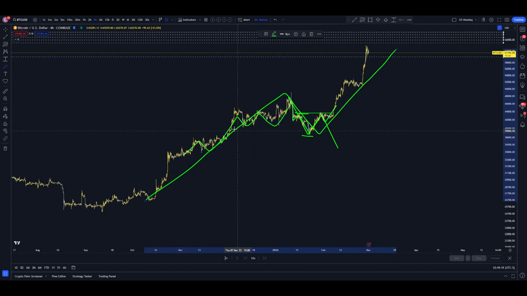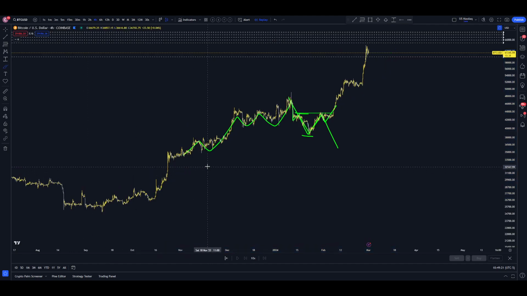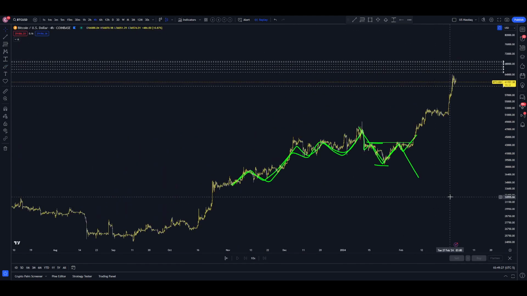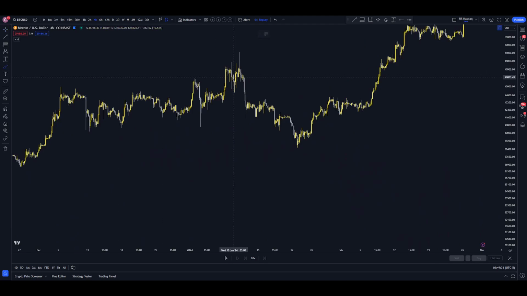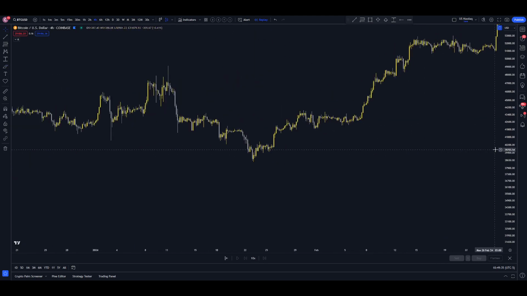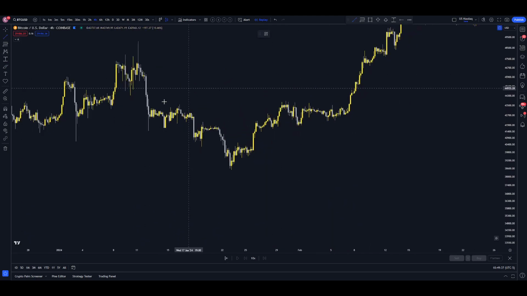Bigger picture, higher time frame trend, bigger picture trend, intermediate term trend, and then these little trends are more of our near term trends, right? Stuff like this. Okay? So we've got two sides to this, right?